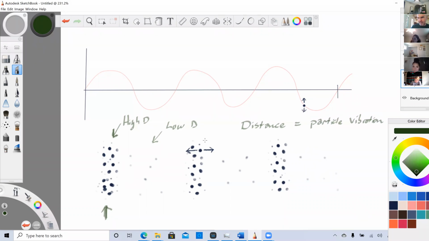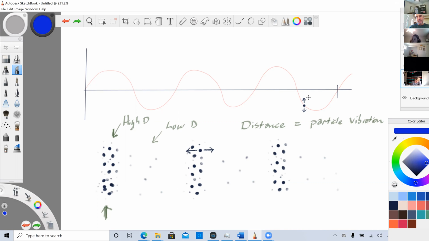Here I've drawn, in a nicer color, that this particle is vibrating back and forth. It's vibrating a certain distance, and realistically they're like microns of distance, very, very tiny distances that they're actually traveling back and forth. But this is what a wave is, these vibrations here.